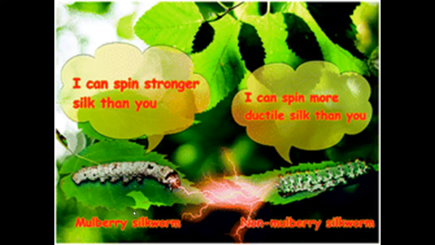We know that mulberry silk is a stronger silk. And here another larva is discussing with that: I can spin more ductile silk than you. So it depends on the type of larva and the type of silk moth producing the cocoon. The property of the silk depends on the type of larva.